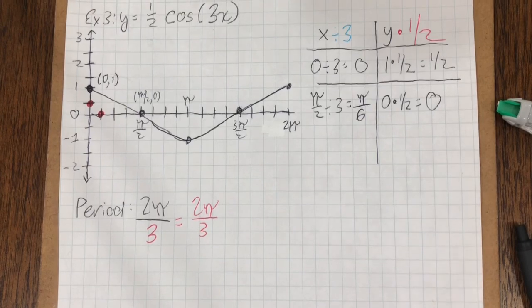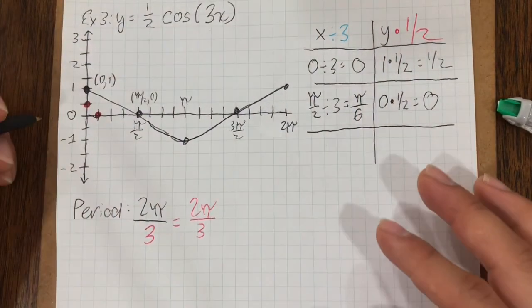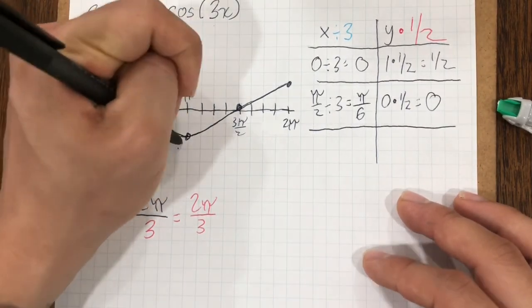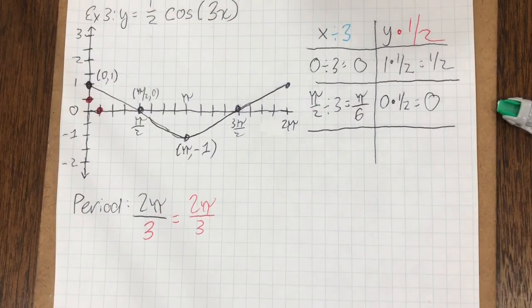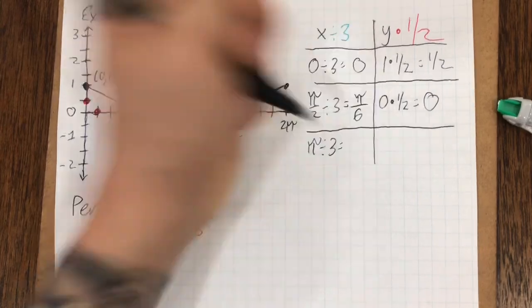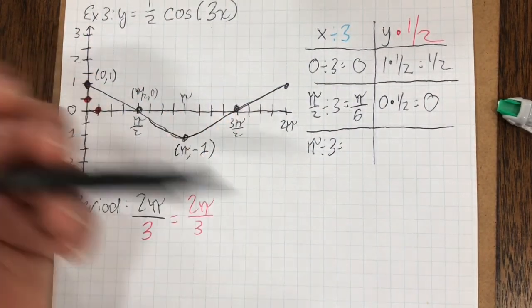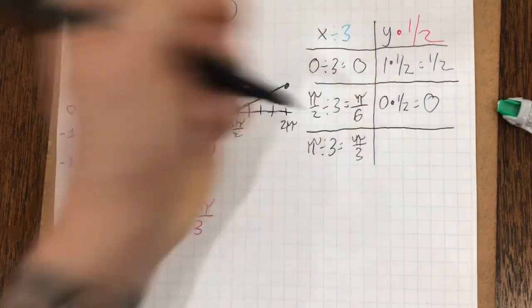All right. So now I'm going to move on to my third point. My third point for the original is pi, -1. So I'm going to take pi divided by 3. So I have a radian divided by 3. Luckily, there's no fraction, so I can just write it as pi over 3.